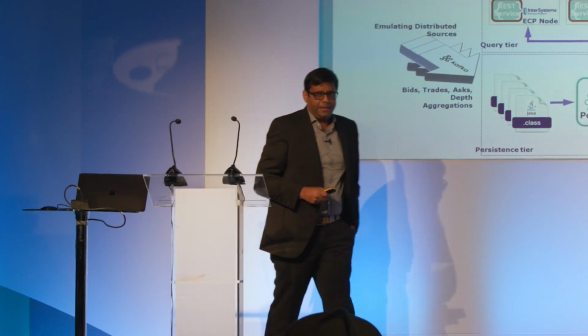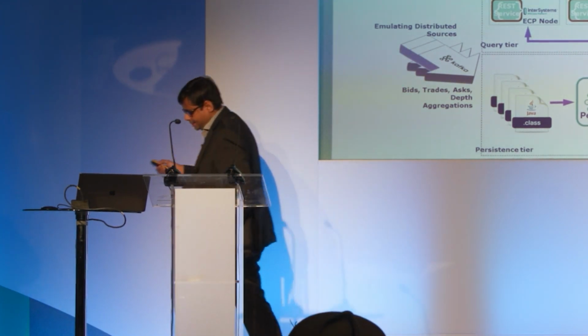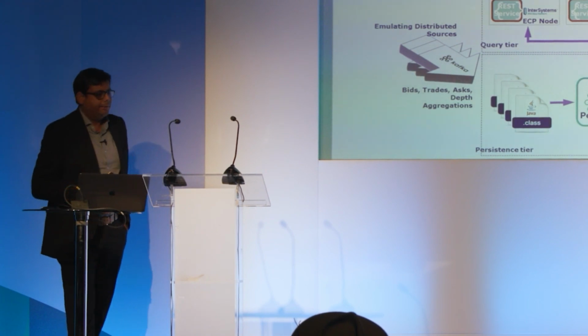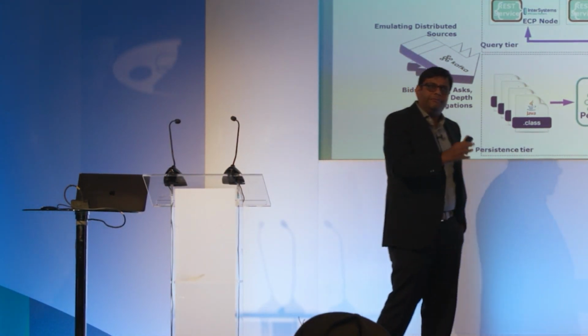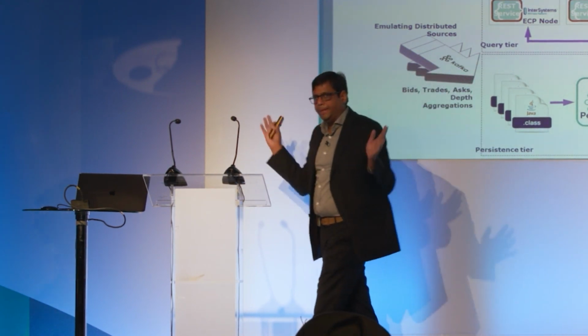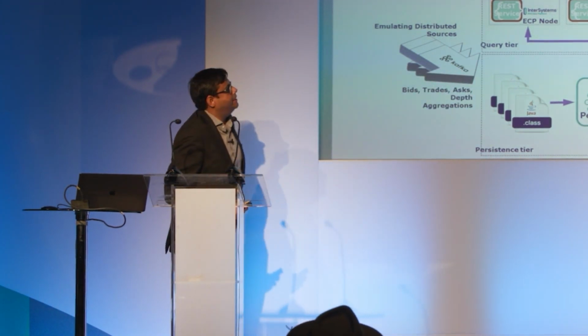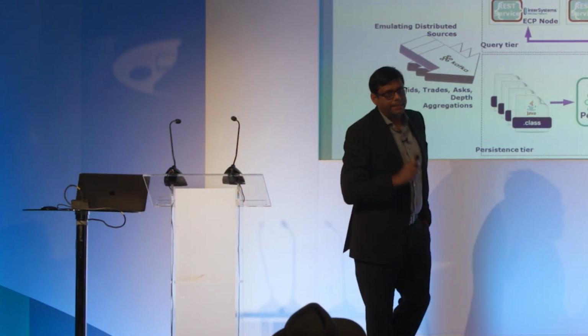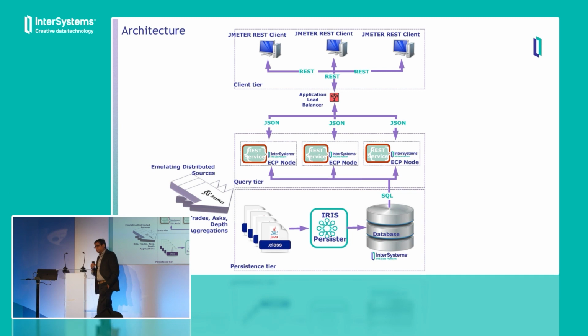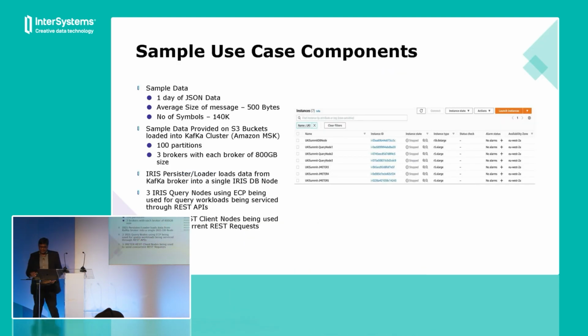We came up with JMeter, which is an open source REST client from Apache, and we configured it on 3 different nodes on AWS to send lots of REST API calls to an application load balancer, which was load balancing in a round-robin manner to the 3 ECP servers connected to a single DB node.